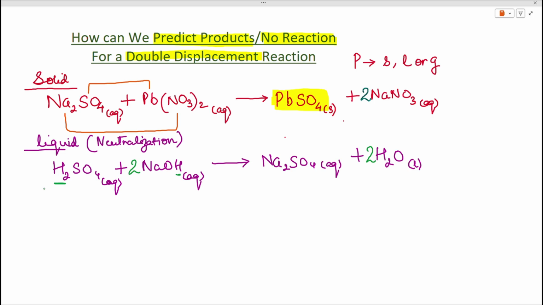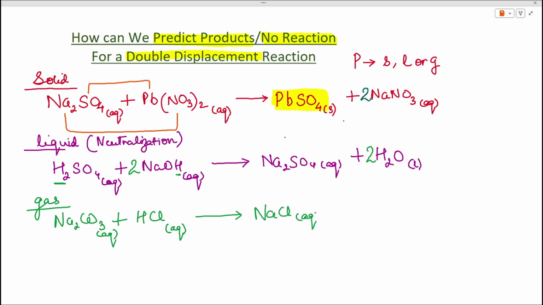Now we'll take a third scenario where the formation of a gas takes place. Here we have sodium carbonate, which is aqueous, reacting with HCl, hydrochloric acid, again aqueous. When these two react together, the sodium will go with chlorine, which forms sodium chloride, soluble in water, aqueous.